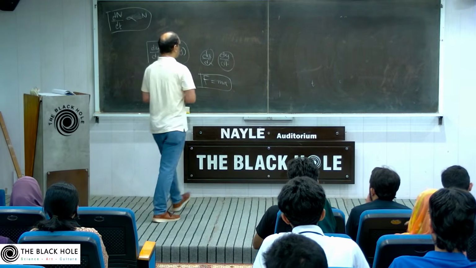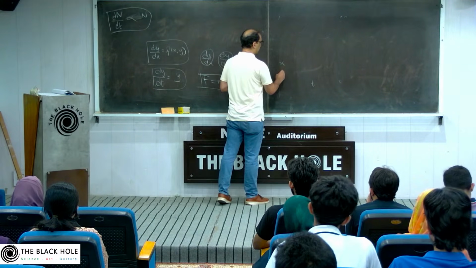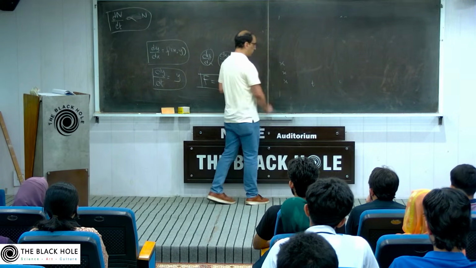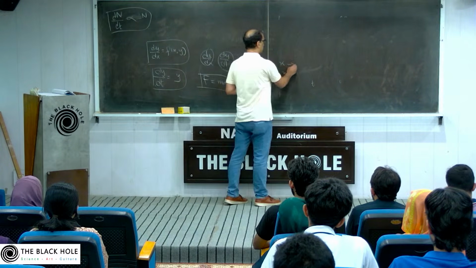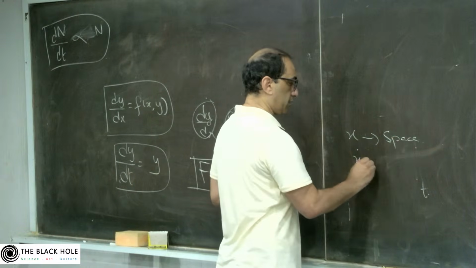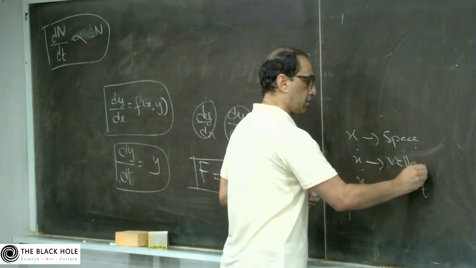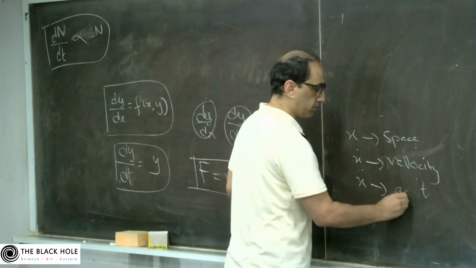Okay? So that is why we know now that there is x dot and there is x double dot, and there is a physical meaning associated with all of this. This is space, this is velocity, and this is acceleration.